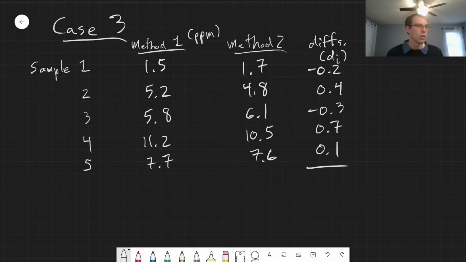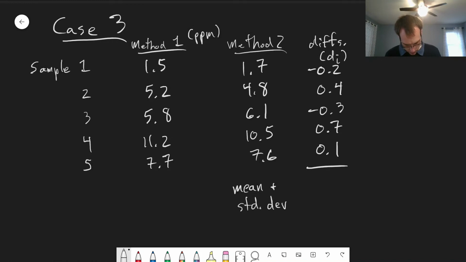Okay, and so then we need to take the mean and standard deviation of those differences. And when we do these, remember that we have positive and negative values here, so those need to be taken as positive and negative.